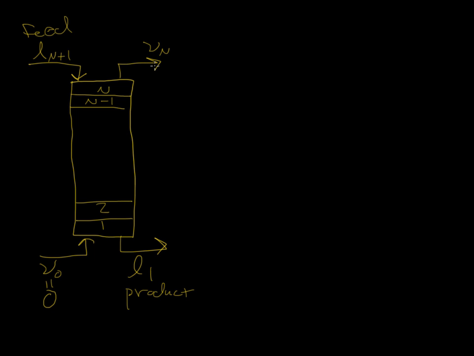All right, so we can use exactly the same method that we used with the absorber to show that for the stripper, L1 is going to be equal to L n plus 1 times what we'll call phi sub s, the recovery fraction, now instead of for an absorber, for a stripper, so we put a subscript s on it. So again, this is the recovery fraction.